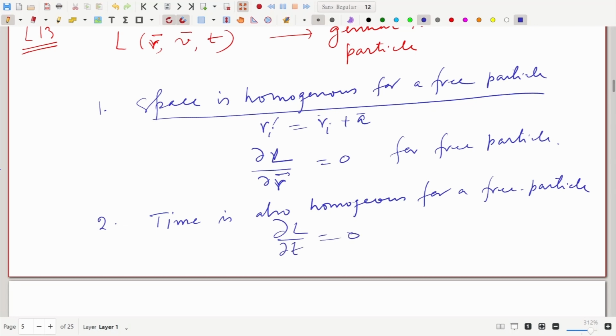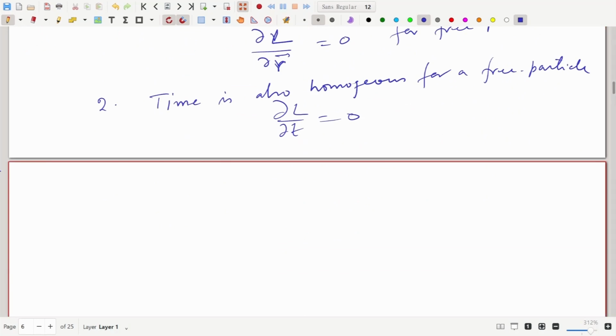So del L del r is 0, del L del t is also 0. If we combine these two, we find that the Lagrangian for a free particle is a function of only v, velocity. Space is homogeneous, time is homogeneous, so the Lagrangian cannot depend on space and time explicitly. The dependence on r and t is ruled out, so the Lagrangian should be a function of v.